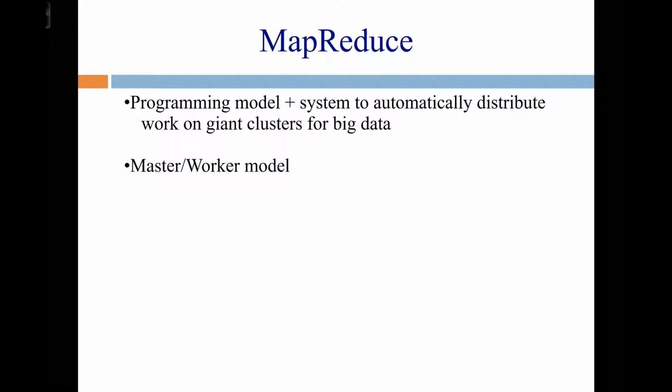Okay, so MapReduce is the specific tool and ecosystem that we talked about, one of the ways to address these problems. So it's a programming model plus the system, the underlying libraries and kernels that run on the cluster and run your mapper and your reducer.